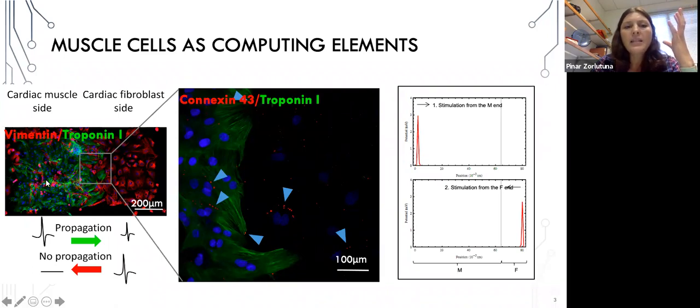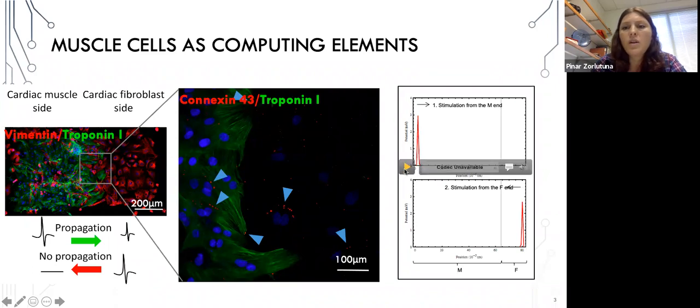Throughout the heart they are coupled together through surface protein channels, connexins, so ions can pass between them. However, only the cardiac cells can respond to outside stimulus.